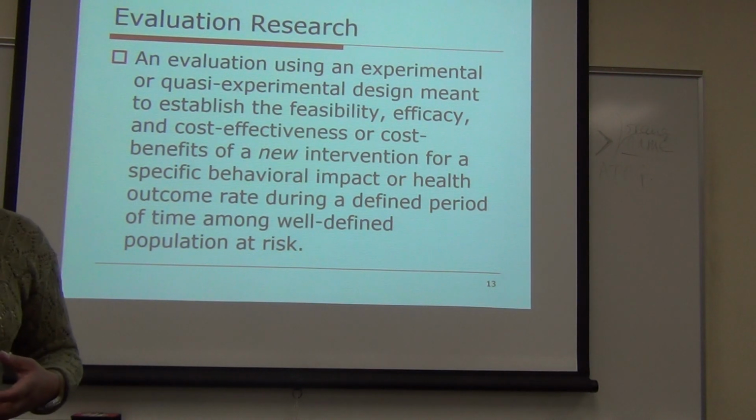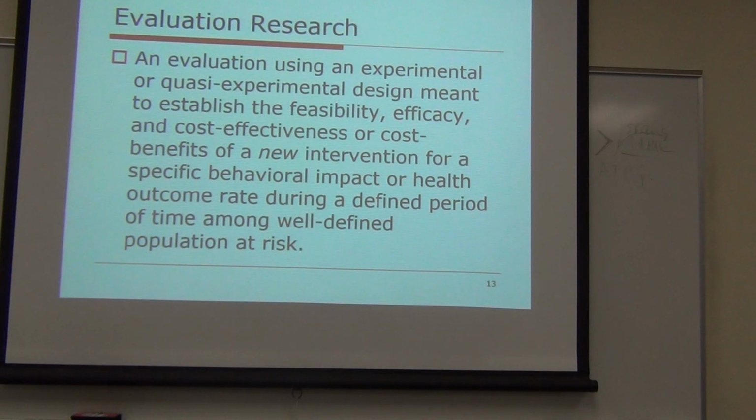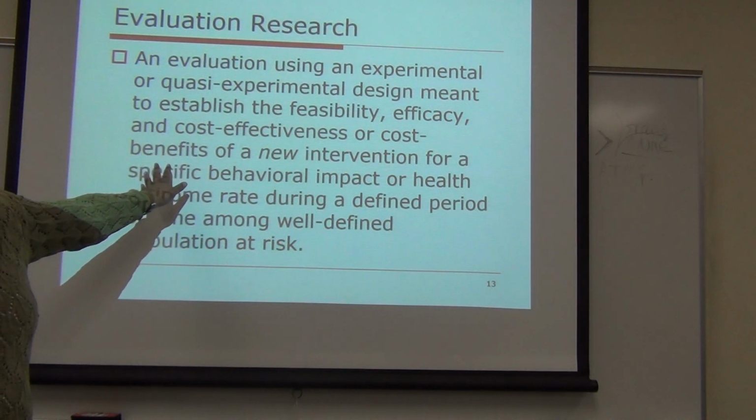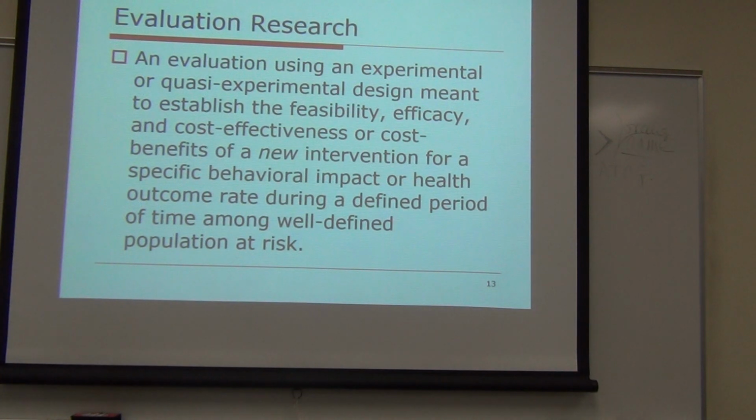Now, for most of you in the room, at a master's level, you're going to be going into health departments, community-based organizations. You're not going to be doing this level of research. For the doctoral students, there is that potential. You could be doing the evaluation research.